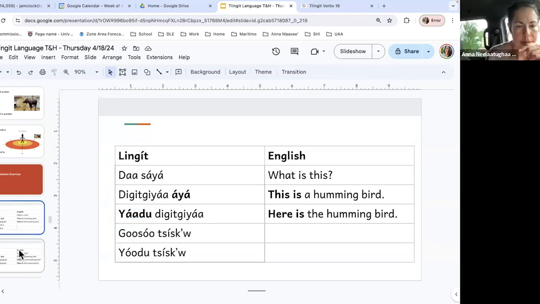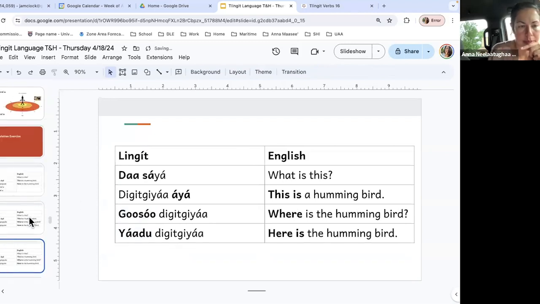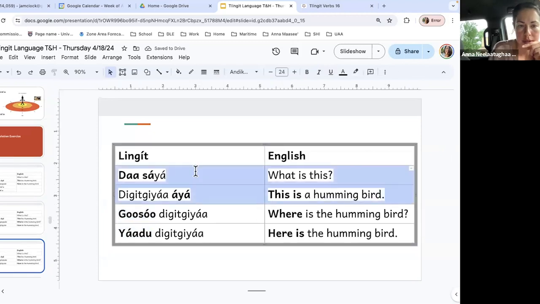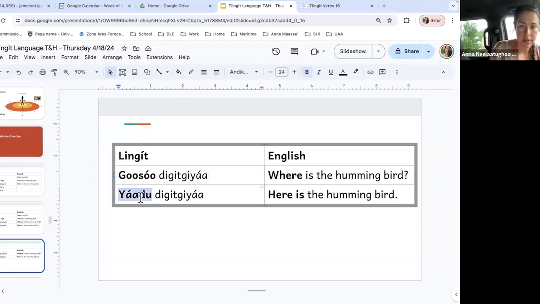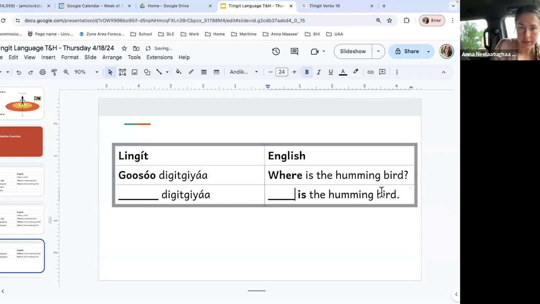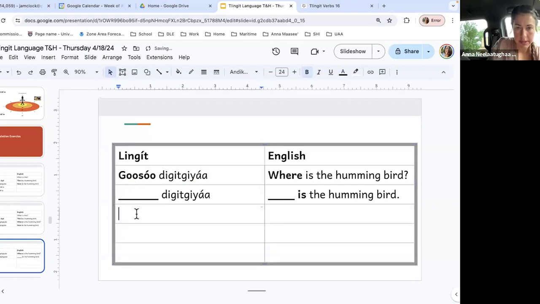So let's try another table where we fill in the blanks. So we could have Yadu. Or we could do fill in the blank. I'm just kind of thinking out loud how to describe these. Okay, I'm going to stop doing bold.